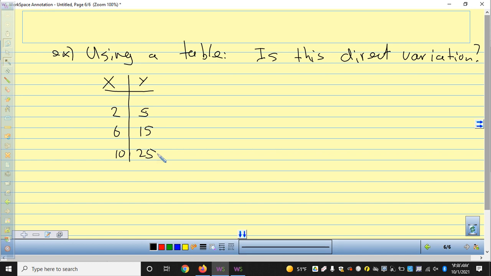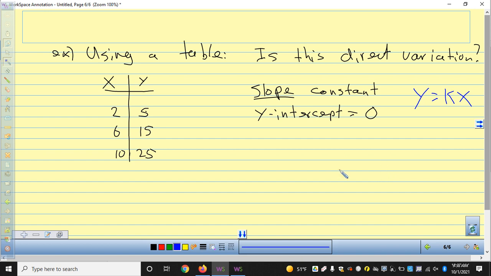So in order for it to be a direct variation, we need the slope to be constant, and we need the y-intercept to be 0, because we need it to look like y equals kx. Well, let's check.